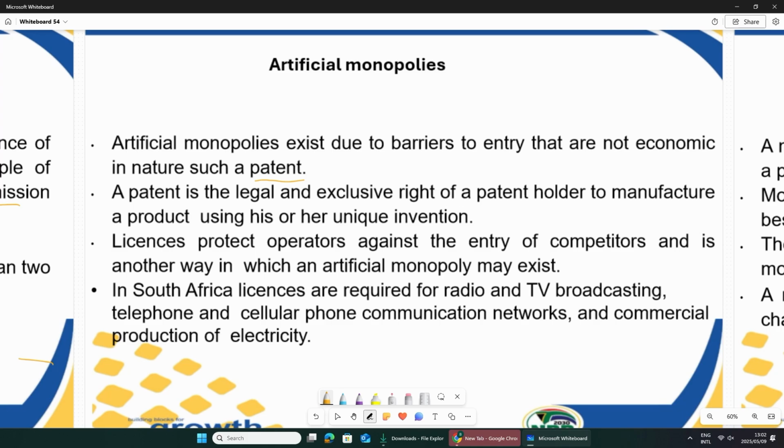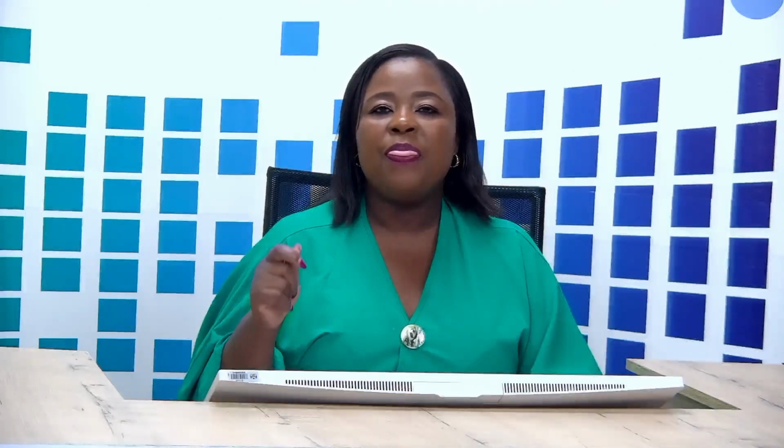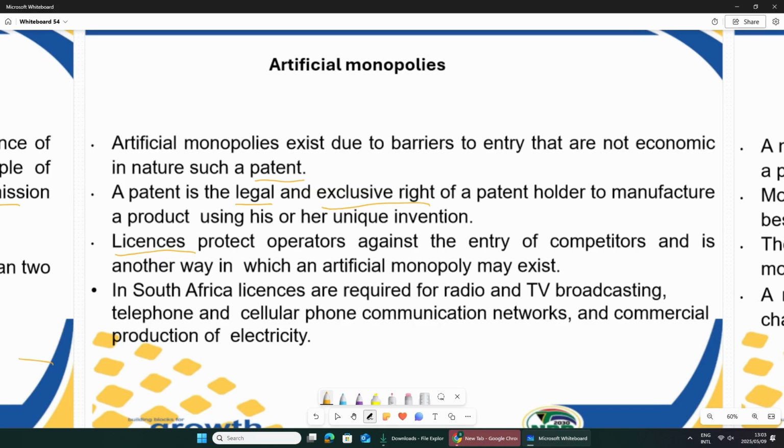And we said a patent right is a legal and exclusive right to produce a certain product. So once you do not have that patent right, you are not allowed to produce that product. Another reason why we can have an artificial monopoly is licensing. The government might give licenses to produce a certain product, and that will give rise to an artificial monopoly.